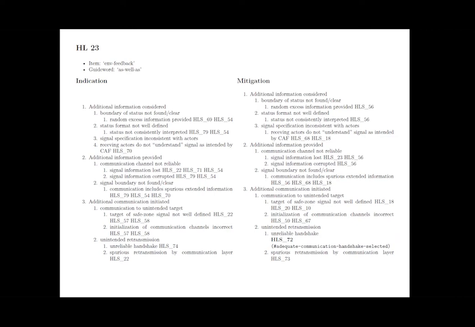Possible causes: boundary of status not found, status format not well defined, and so on. And then which mitigations, or in this case, indications, and on the right side, which mitigations would you have? And that's encoded then in the high-level SACs, the high-level safety application conditions. And we'll briefly look at one of those safety application conditions on the next slide, please.